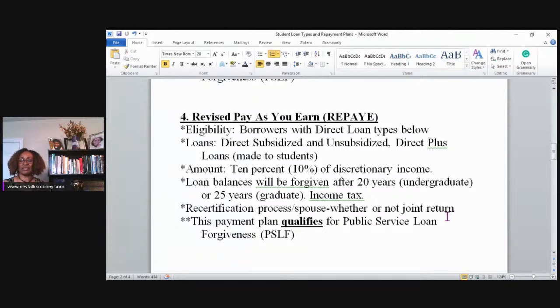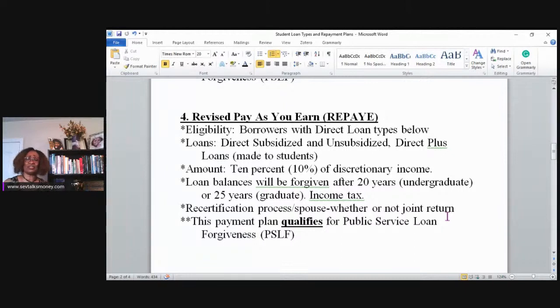That's pretty much what discretionary means here. The loan balances will be forgiven after 20 years if you're an undergraduate and you have not paid off all of the loan. If you're a graduate student or a professional student and you've not paid the balances in full after 25 years, then the loan will be forgiven.